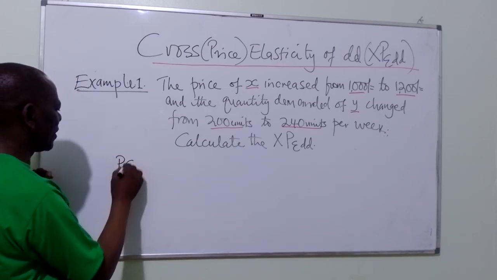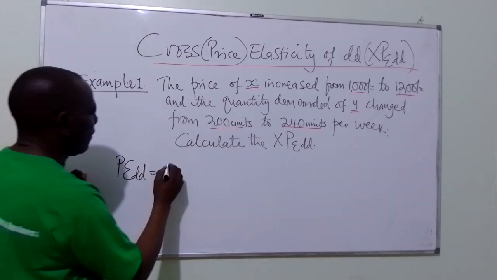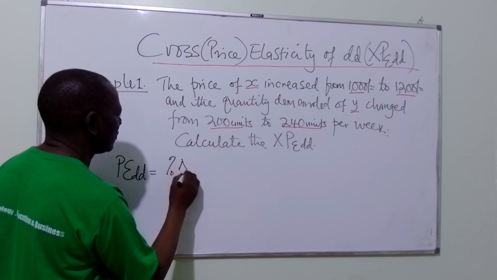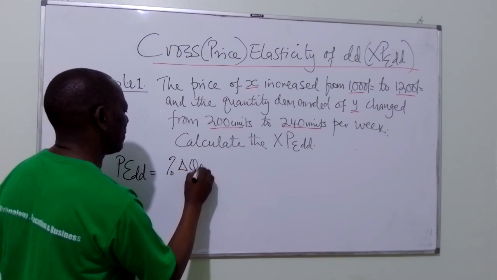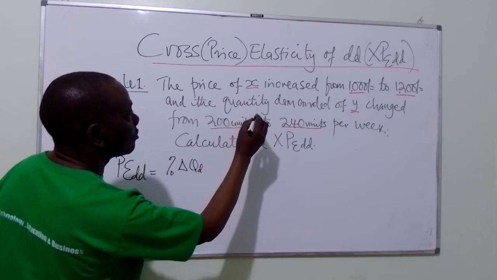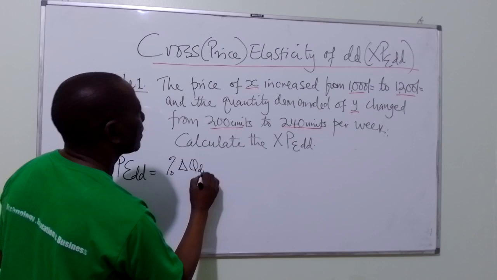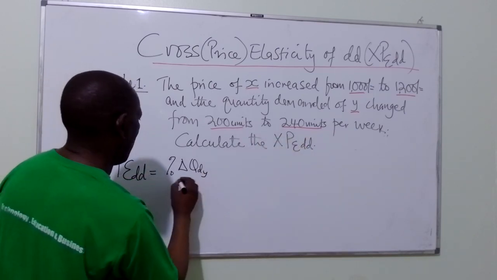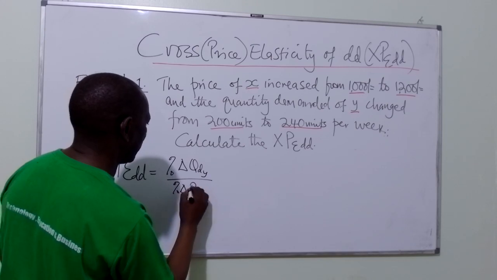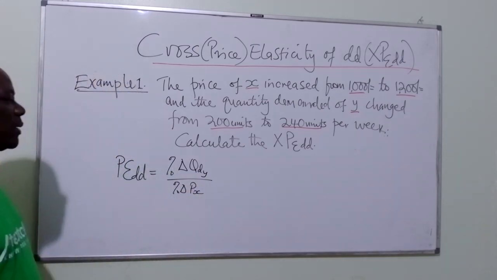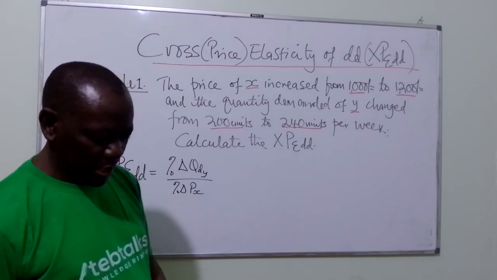We say price elasticity of demand is equal to percentage change in quantity demanded of Y, over percentage change in the price of X. That's what we have as our formula.